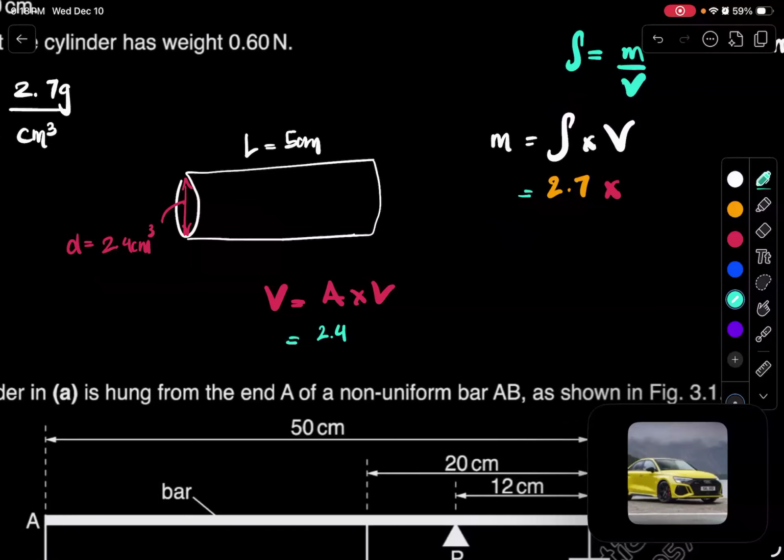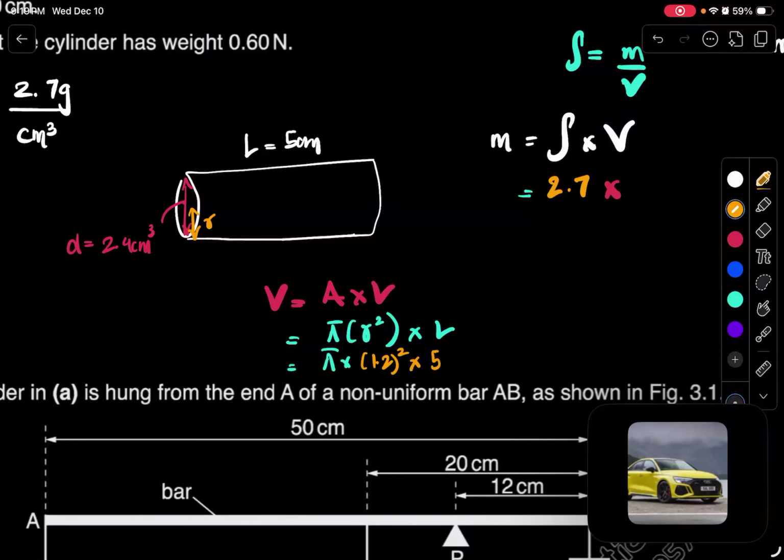Now, what is the area? It's equal to pi r squared, right? Into L. Now, r is actually half the diameter, right? So r is actually going to be this value. This is r, right? So if d is 2.4, then r is going to be 1.2. So 1.2 squared into length. What is the length?